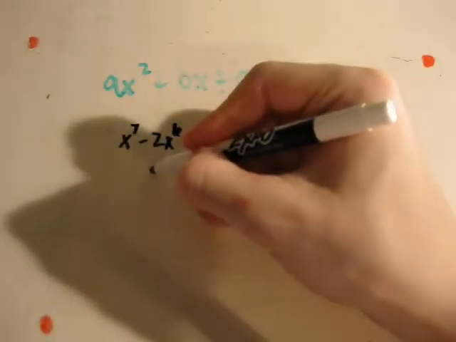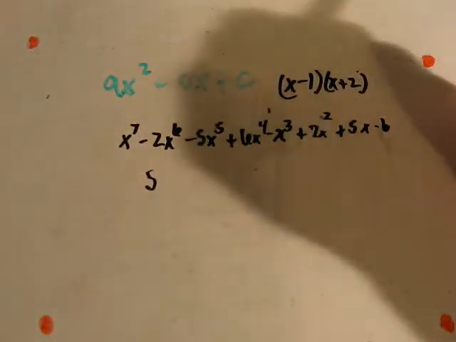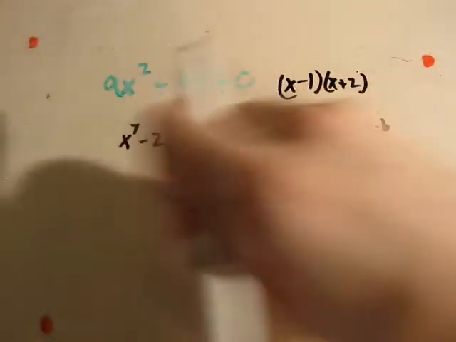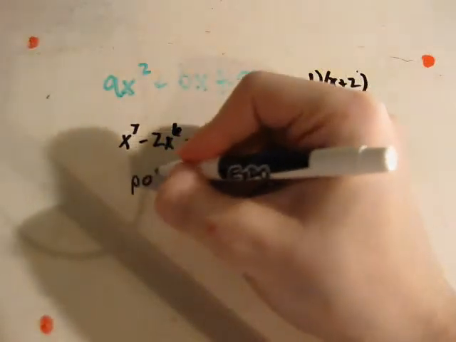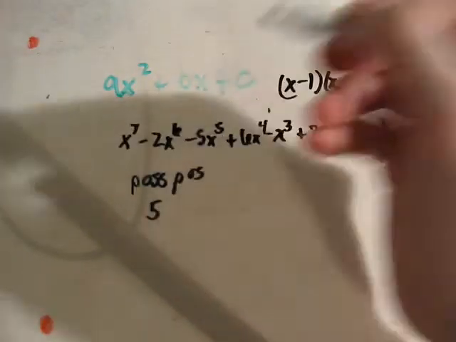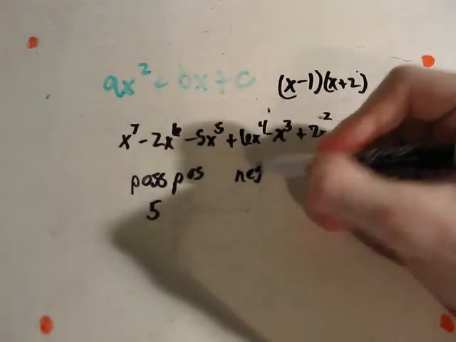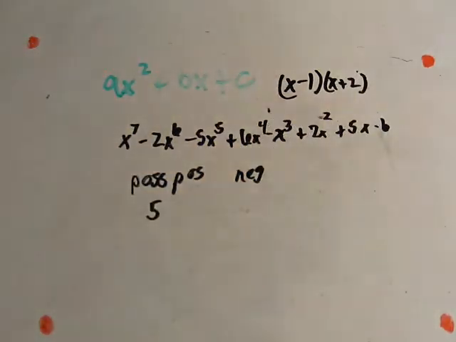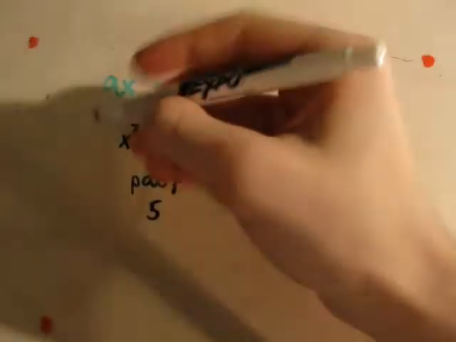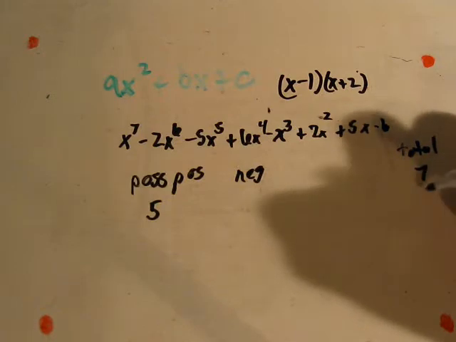That means there are possible 5 different combinations, 5 possible positive numbers. Which means that also the total amount of roots that you can have at all is 7. So we know total is 7.